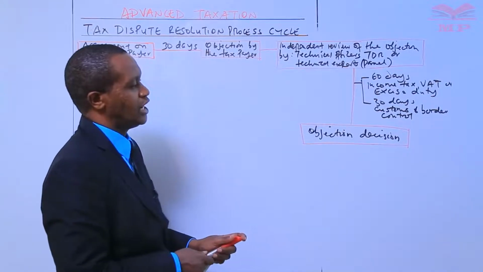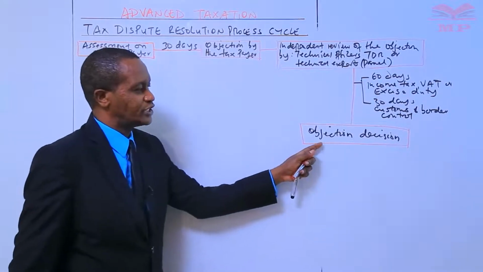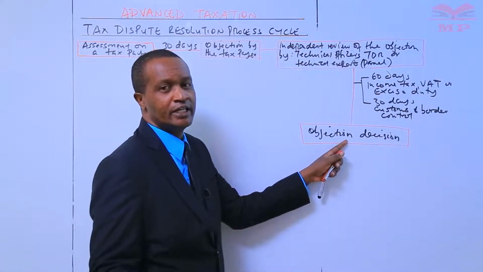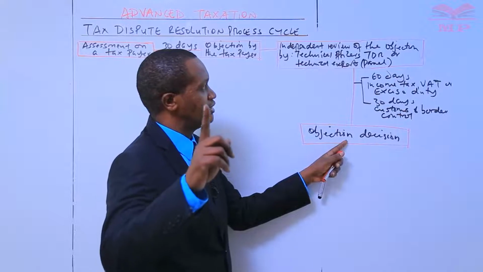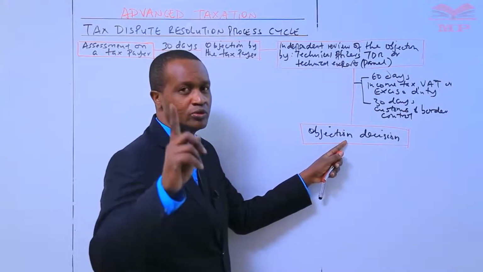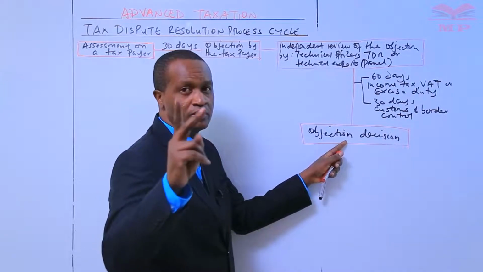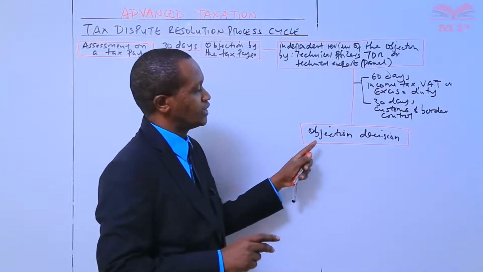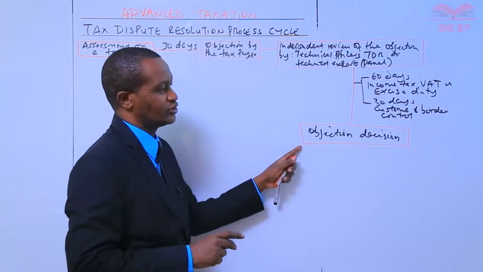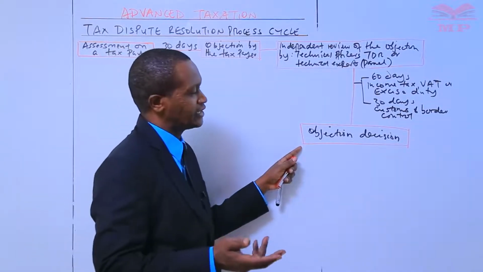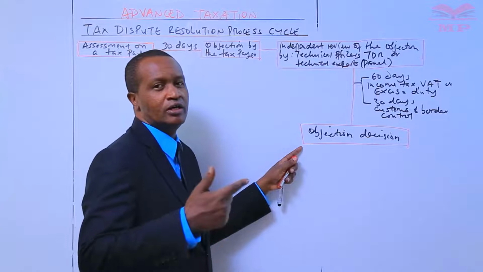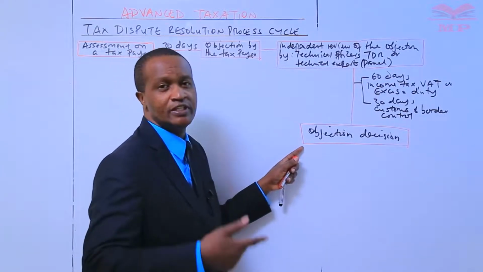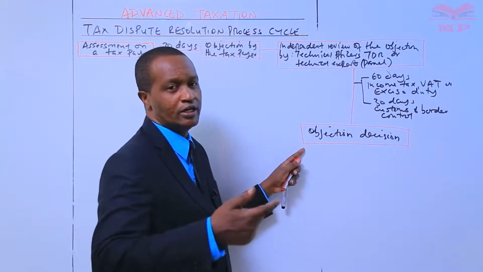Now, upon receiving the objection decision from the commissioner, the taxpayer has 2 options: either to appeal against the objection decision, or the matter may be subjected to a mediation process, an alternative dispute resolution framework.